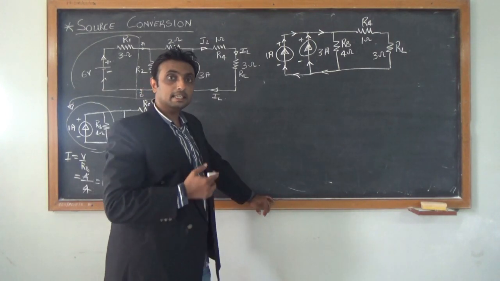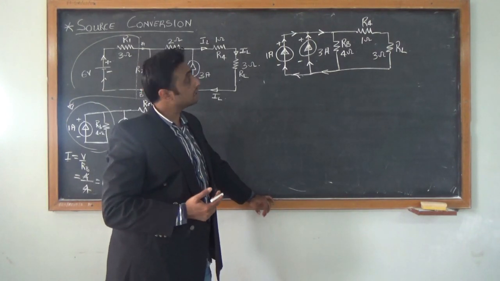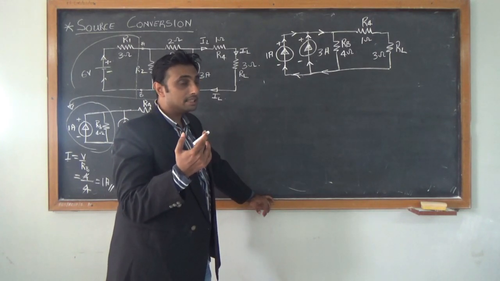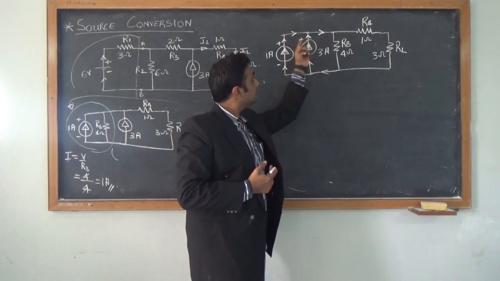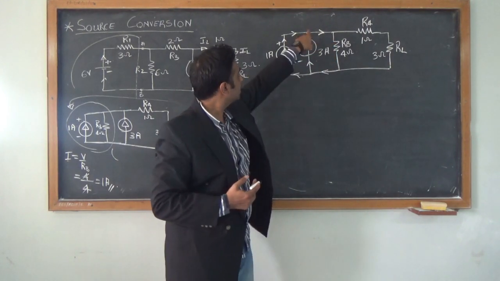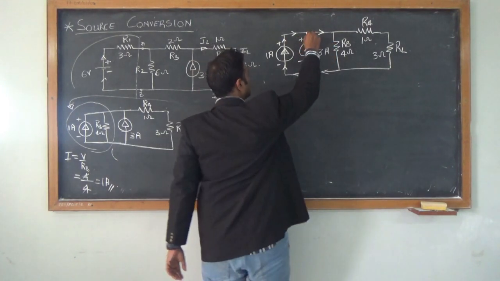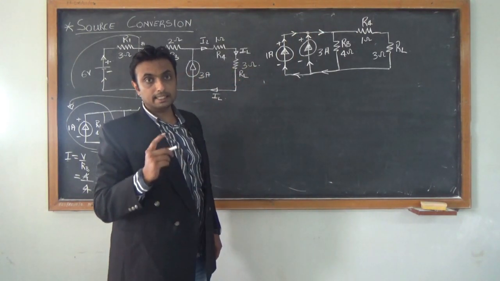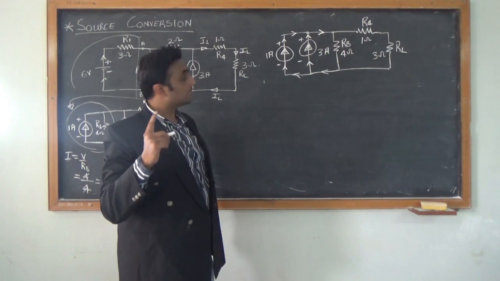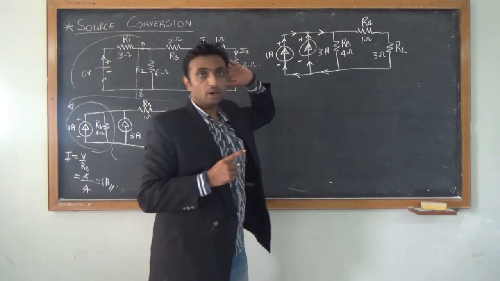Now, once we have the directions, we can use the KCL method. KCL is Kirchhoff's current law, which states that the incoming currents at a node equal the outgoing currents at that same node. A node is a point connected to 3 or more lines.